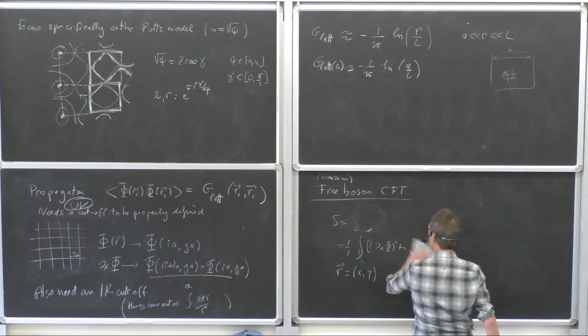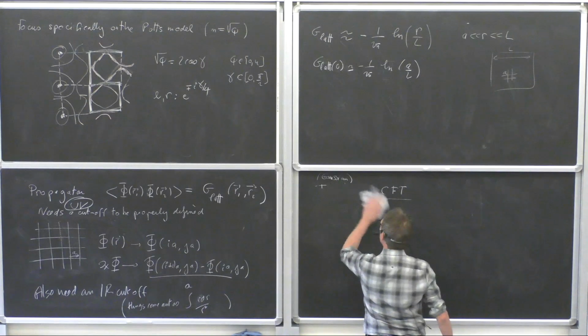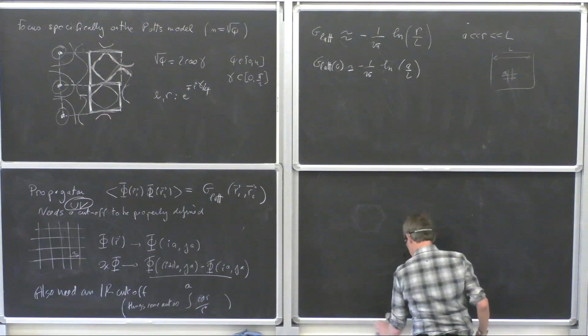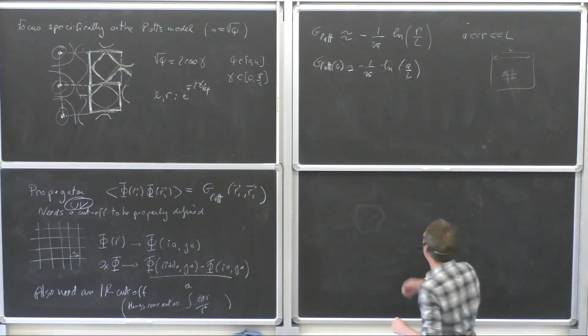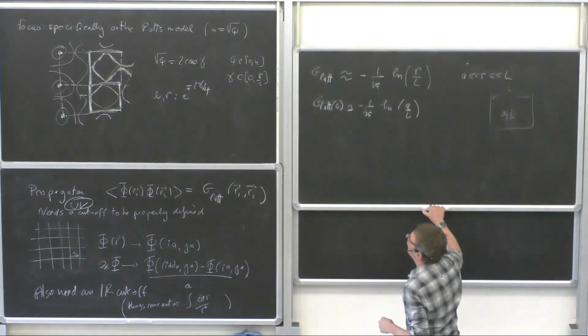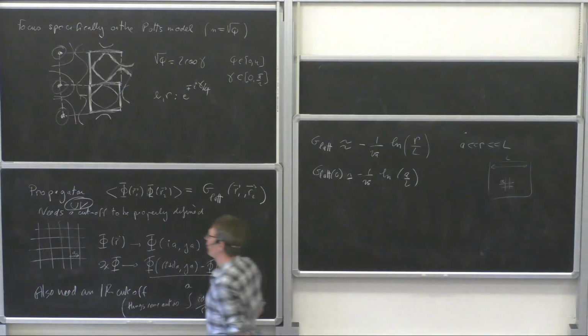So now let's carry on a little bit with our free boson. But let me say that these features make the free boson as a conformal field theory a little bit difficult to handle. Okay, so the propagator is the first step.